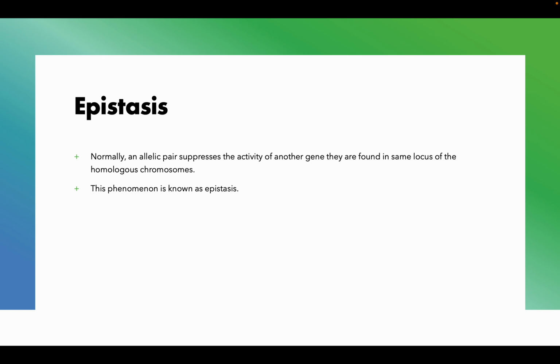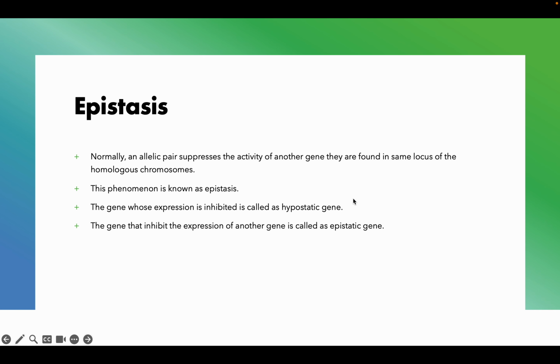One allelic pair, say B, hides the expression of A. Whenever B is present, it will hide the expression of A, and we get the B color. This phenomenon is called epistasis. A, the gene whose expression is inhibited, is called the hypostatic gene, and B is called the epistatic gene.